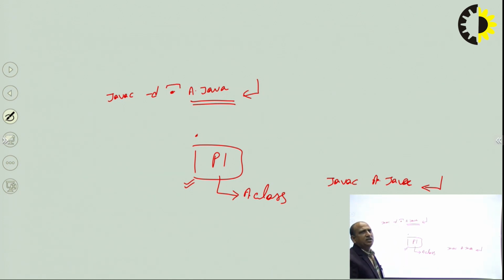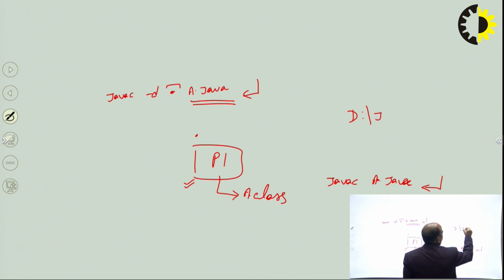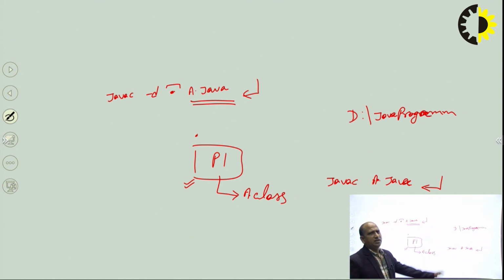In that situation, you will write the total, absolute path in place of this dot. Let's say I want to create this package P1 in the D drive, where there is a folder named Java program, and I want the compiler to go to this place, create a package named P1 and put your class file.